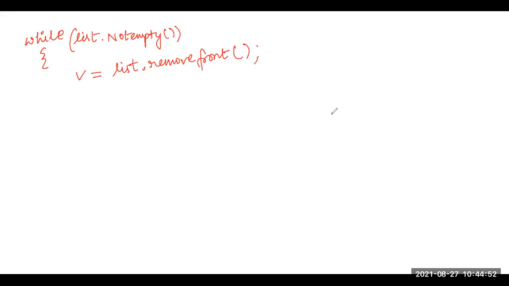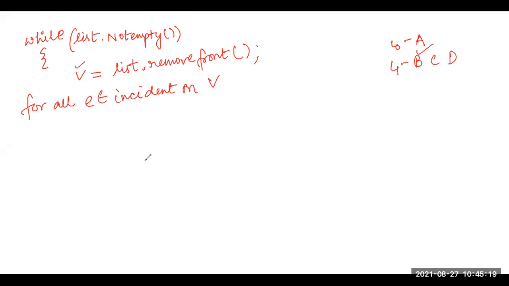And what did I do? If my L0 was A, my L1 was B, C, D. I took B. I checked what are the edges that can be reached from B. So for all the edges that are incident on this vertex, I checked what?